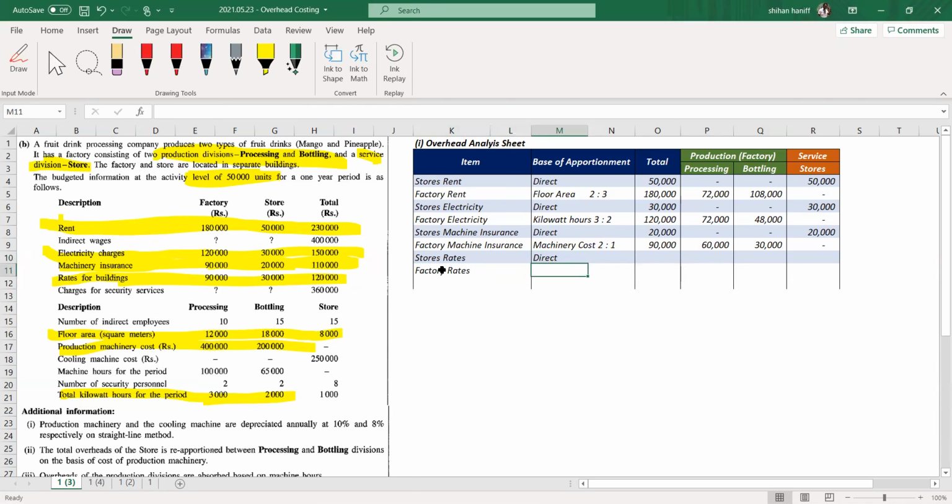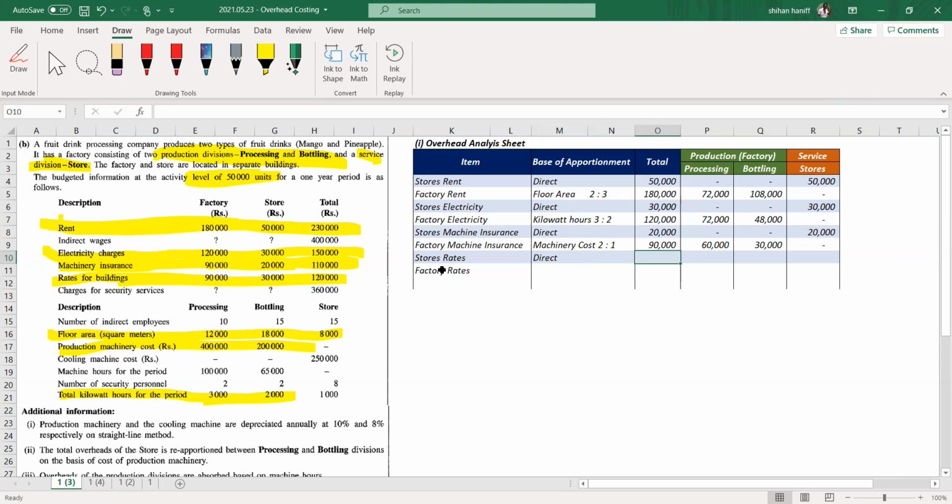Stores rates you can take directly: 30,000 is the total. Factory rates are 9,000. What is the base of apportionment to divide between processing and bottling?